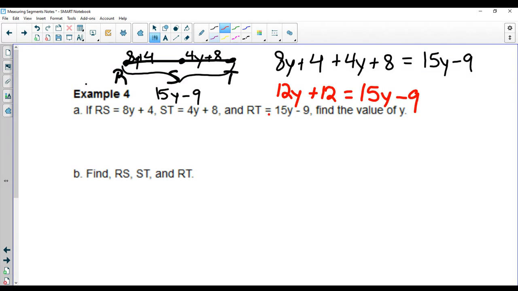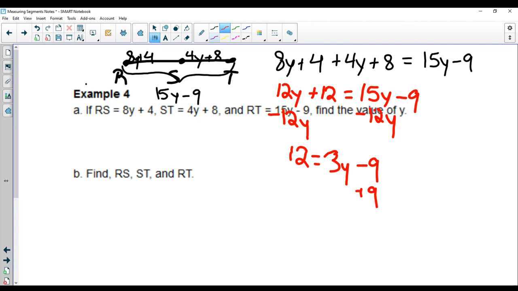I'm going to move the 12y first. 15 minus 12 gave me 3y. Now, because I moved the y over here, this means I have to move this negative 9 over.